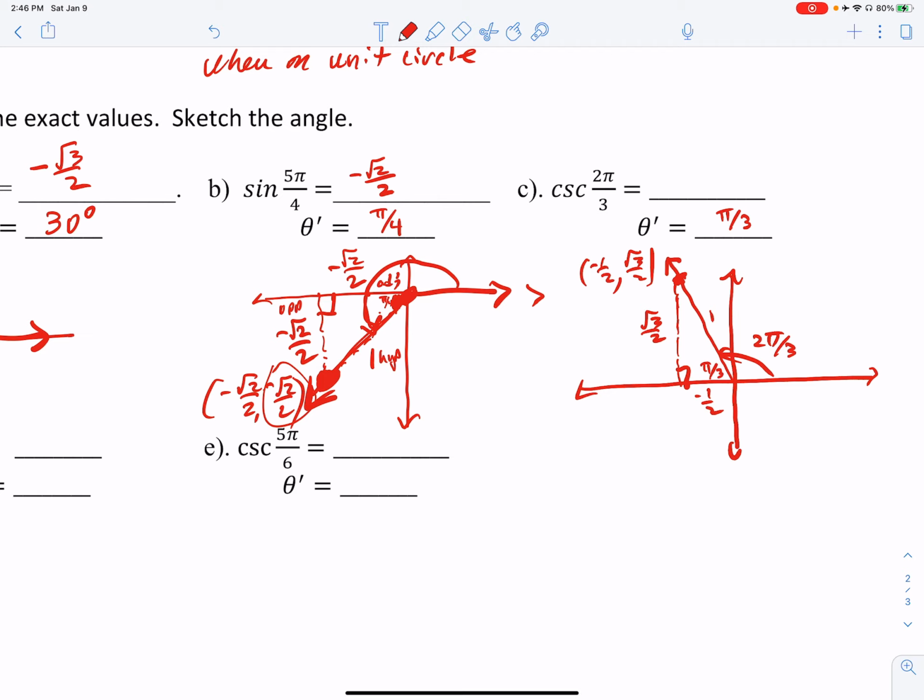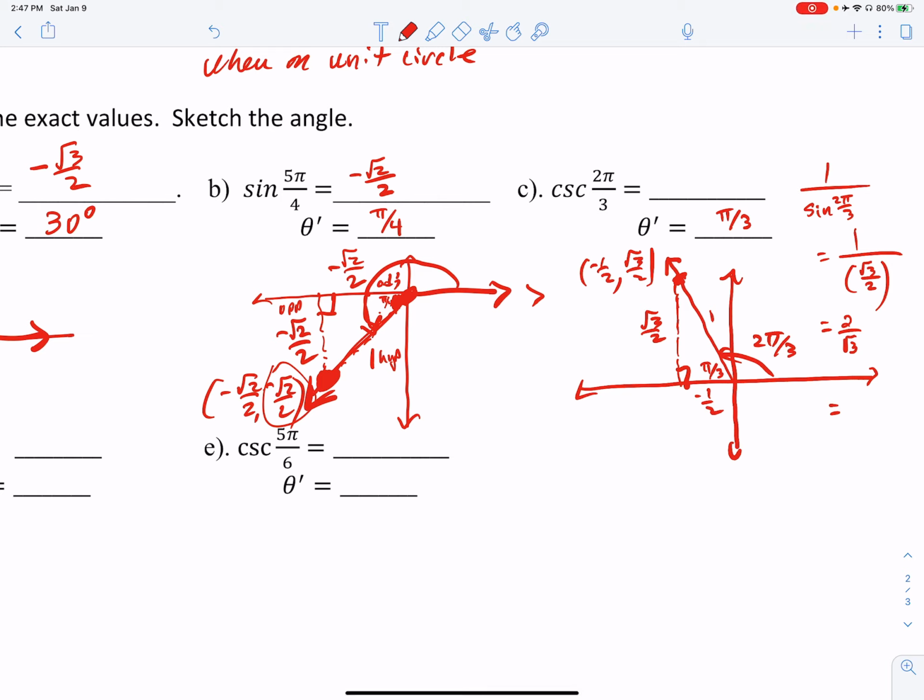And now cosecant is the reciprocal of sine. So that cosecant is going to be 1 over the sine of 2 pi thirds. So it's going to be 1 over your y coordinate, so 1 over root 3 over 2. If you have 1 divided by root 3 over 2, you end up multiplying by 2 over root 3. And then you need to rationalize.